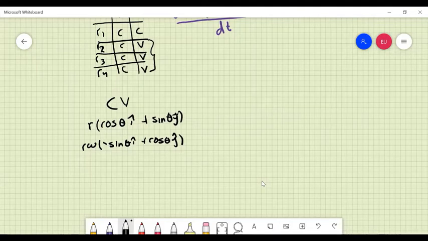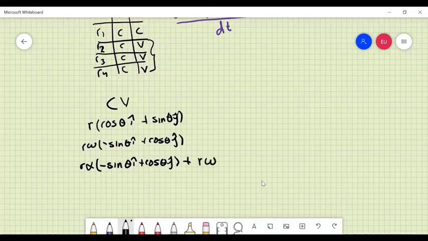Yes, it's r alpha times minus sine theta i plus cosine theta j, plus r omega squared times minus cosine theta i minus sine theta j. Okay, thank you, Erika. All this was explained last class, so we don't need to go into the details.